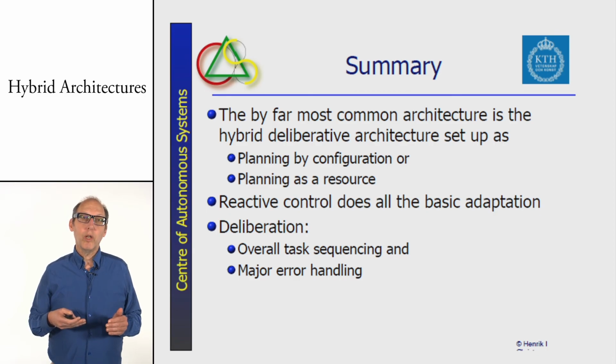And when you see that you cannot make any progress, then deliberation is also great for error handling, because it's clear that if you leave the behavior active, no progress is made, and then you can think of a completely new plan, and you can take your time for that.